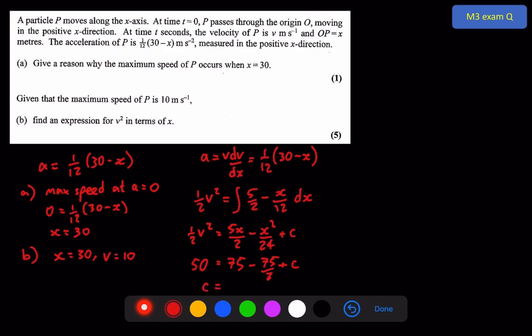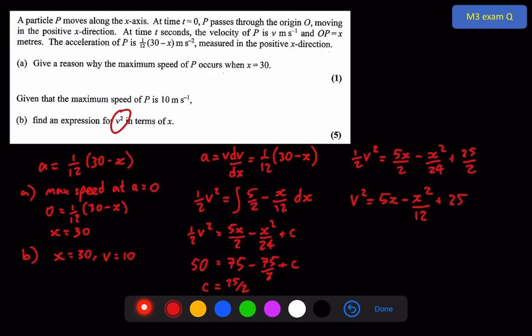And if you do all of that, you get 25 over 2 for c. Putting it back in, a half v squared is equal to 5x over 2 minus x squared over 24 plus 25 over 2, and we want v squared, so all I need to do here is multiply everything by 2. 5x minus x squared over 12 plus 25, and that is our final answer for the exam question.